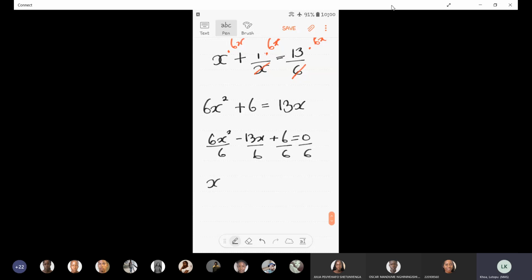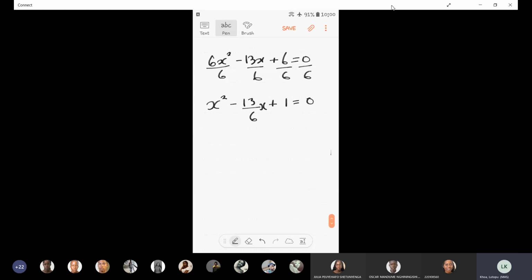I have x squared minus 13 over 6 plus 1. This is equal to 0. Then I need to figure out what term is missing from these two in order for my square to be complete.